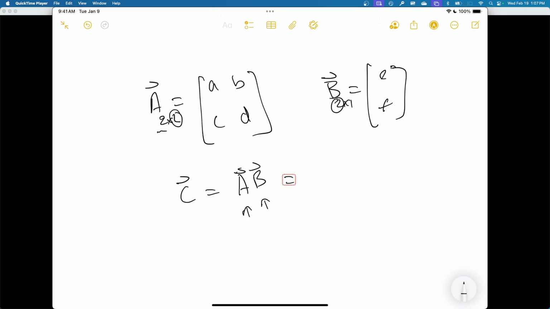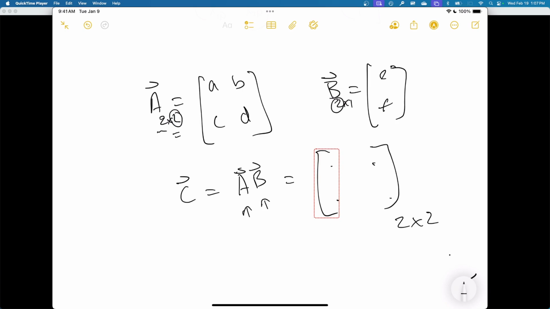It turns out the new matrix that you form has the number of rows of the pre-multiplier, so there'll be 2 rows, and has the number of columns of the post-multiplier, so 2 columns. And the way that it works out is that we can then form each of the cells by taking element-wise products, sometimes we call those dot products, of the varying row and column vectors.